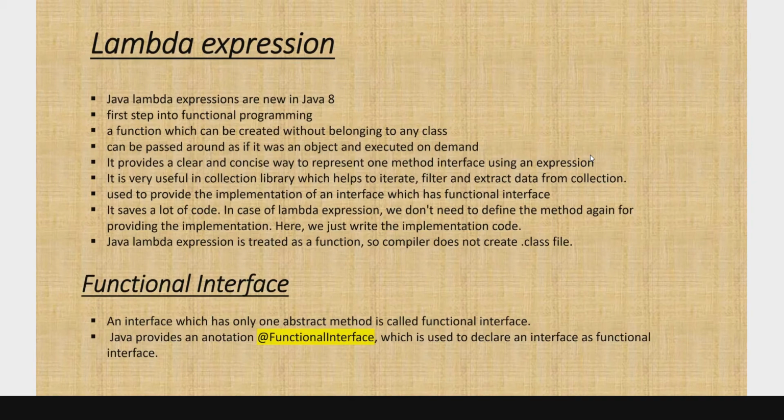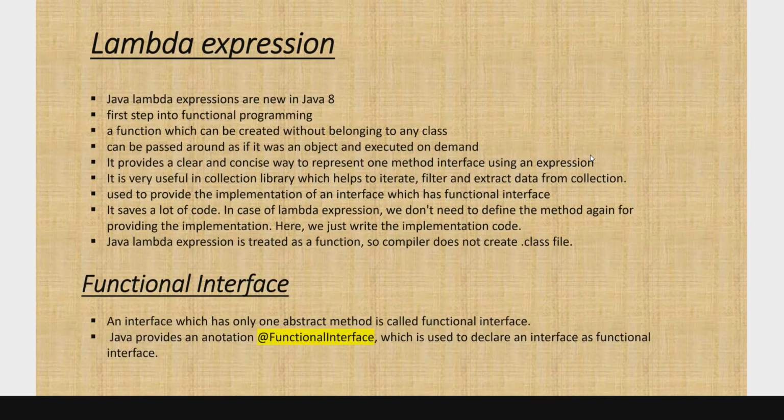But even if you want to specify it, to make it mandatory so that no one can add more than one abstract method inside the interface, you can manually specify that using an annotation. For an interface, you can have the @FunctionalInterface annotation to make sure the interface is going to have only one method.